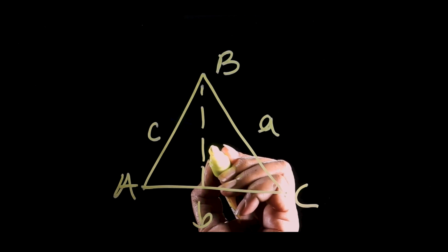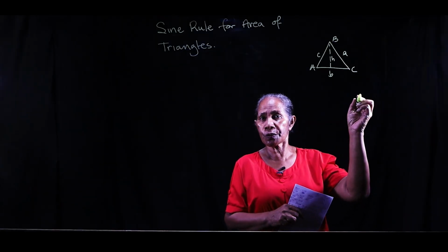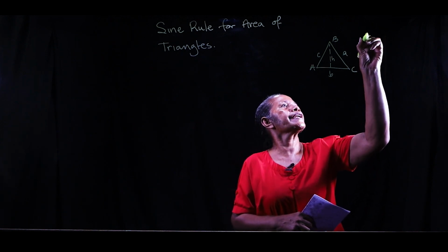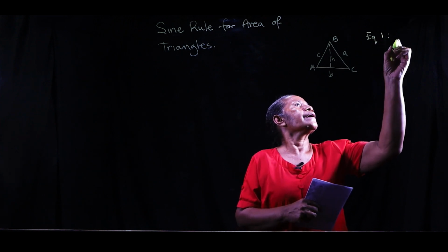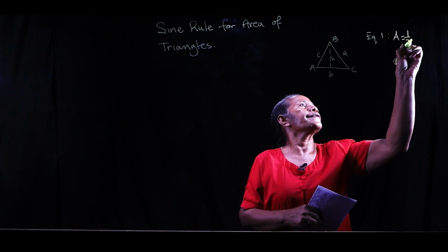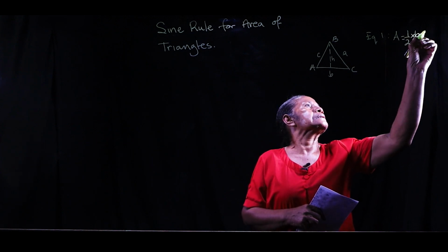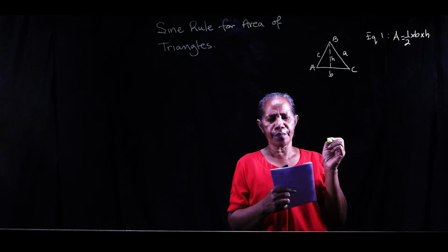So let's say this is the height. There are two equations that we will deal with. Equation number 1 is area is equal to half times base times height.